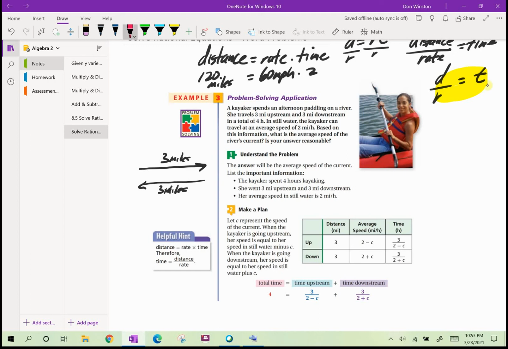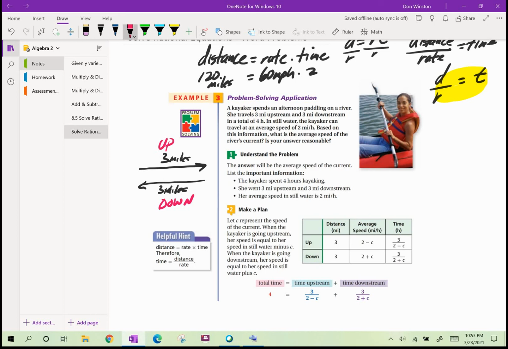In still water, in other words with no current, the kayaker can travel at an average rate of 2 miles per hour. Based on this information, what was the average speed of the river's current?